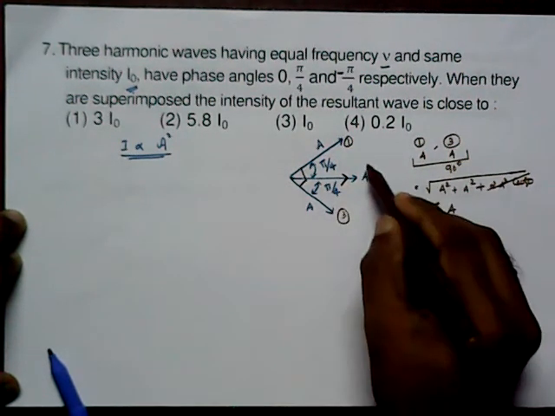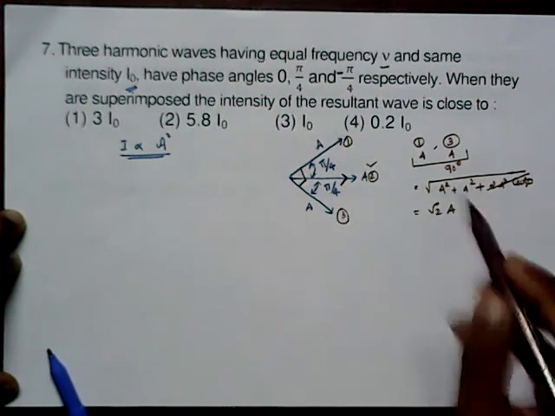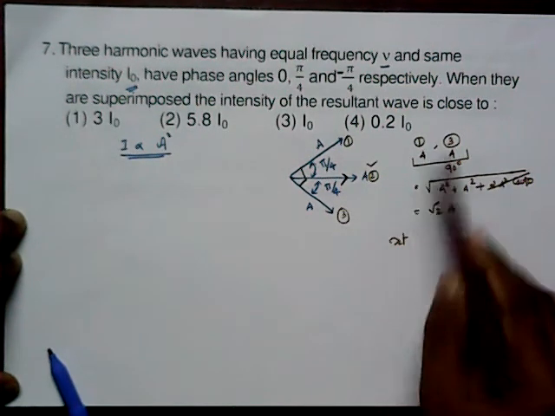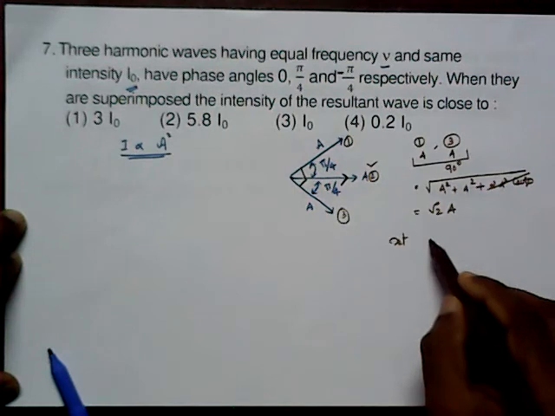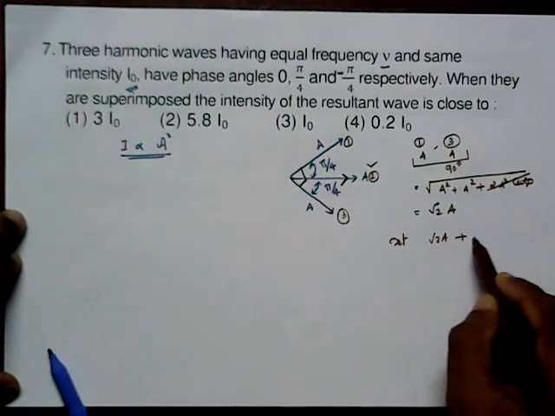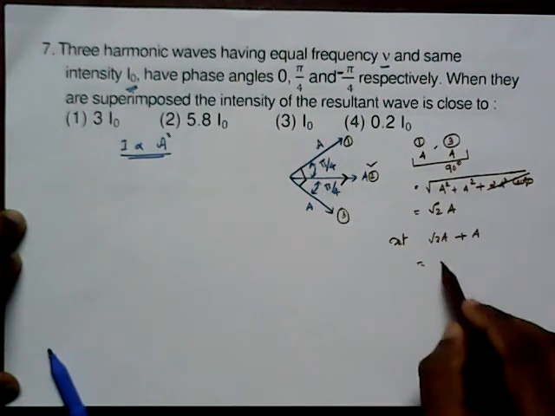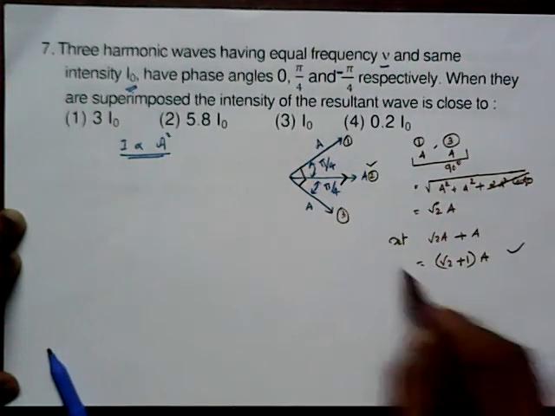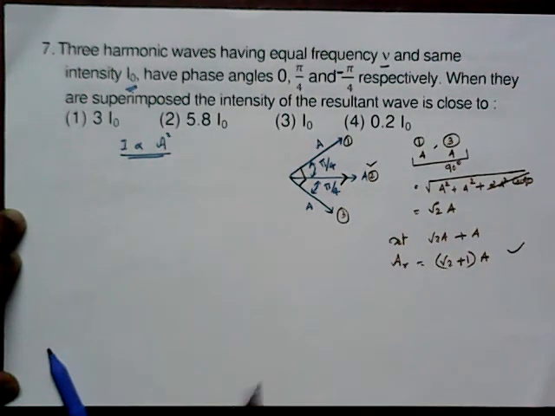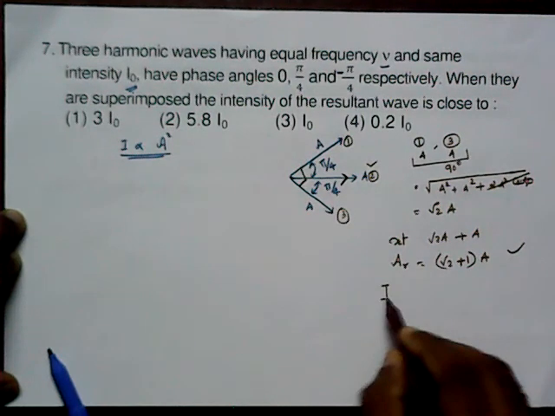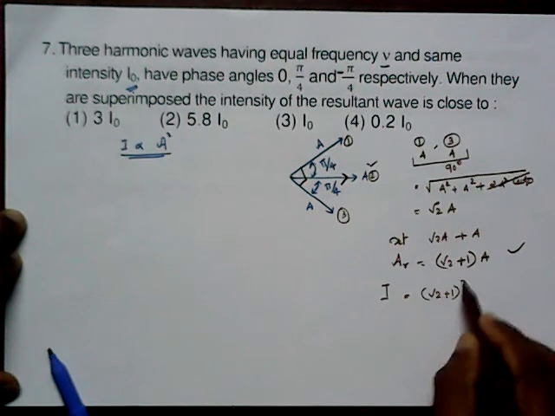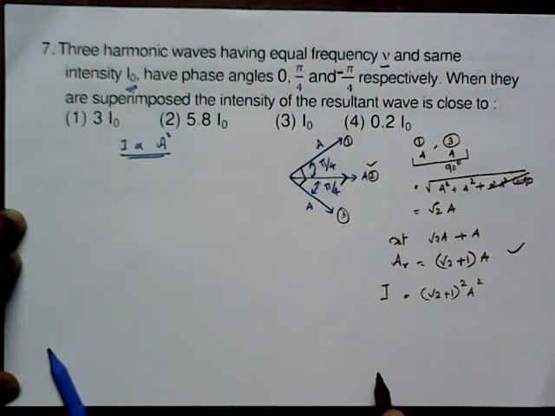The second one already has the amplitude A. Therefore the net value of 1, 3 and 2 becomes root 2 A plus A, so we get root 2 plus 1 times A. That is the resultant amplitude. But our aim is to find the resultant intensity. So that is equal to root 2 plus 1 whole square times A square.